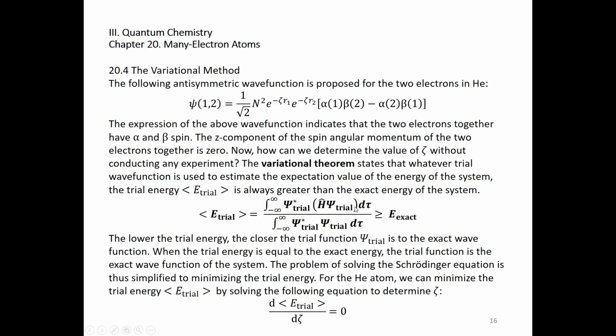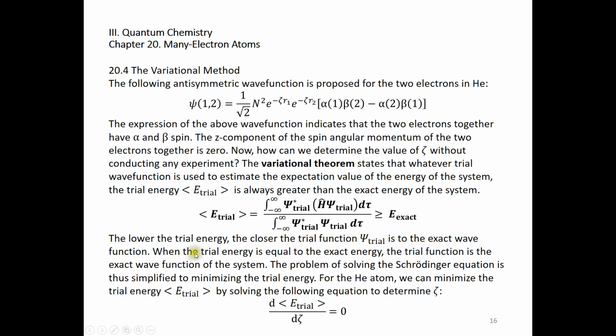On top, we have another integral, which is similar, but instead of the wave function, we use H, the Hamiltonian, applied to that wave function. So if we have a trial function, we can determine the trial energy. The variational theorem states that the trial energy is always greater than the exact energy. The lower the trial energy, the closer the trial function is to the exact wave function.